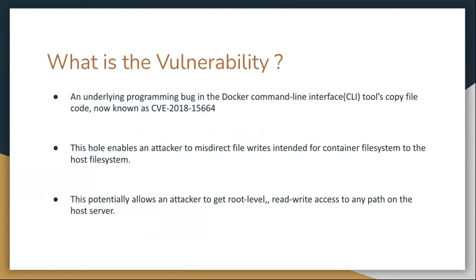What this means is that it allows the attacker to gain access to the host file system with root. Eventually he would be able to do all of that just because you have used the cp command, which can be used to misdirect files from the container file system to the host file system.